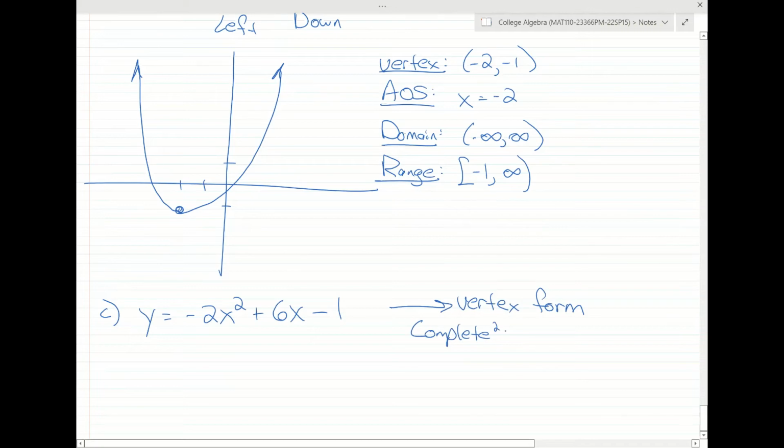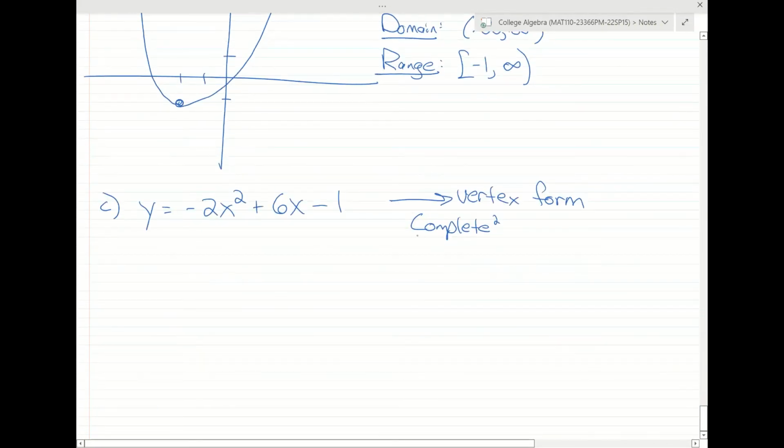We said when we complete the square, there are 4 steps. The first step to complete the square is that we isolate the variables, meaning we get the x's by themselves. That's what we talked about before.